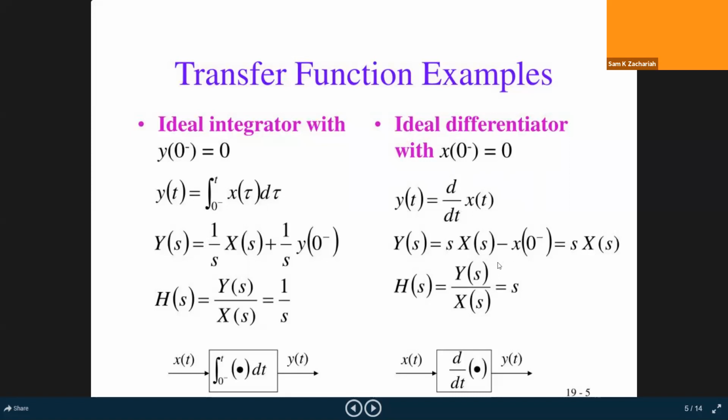Then you can take the Laplace transform and get the result. So it is just an inversion of the integrator. This is the time domain representation of an integrator and of a differentiator, but its Laplace transform is 1 by s for the integrator, and here it is s.